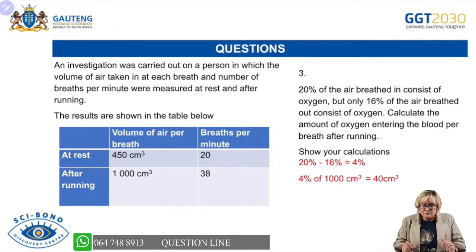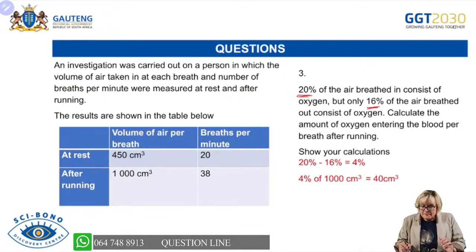They are saying 20% of the air breathed in consists of oxygen, but only 16% of the air breathed out consists of oxygen. So the air that you take in is 20% oxygen, and when you breathe out, there's only 16% oxygen. So what is the difference? What is being used by your body? What has been taken out of that air is only 4%.